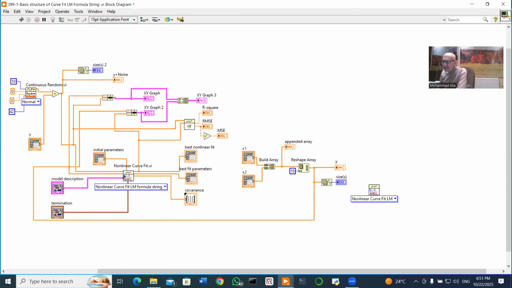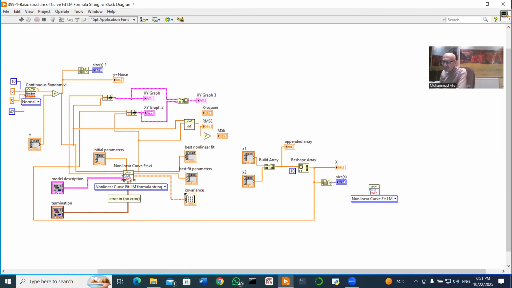The other input is the X input, which represents the variable or variables. If they are more than one, they have to be concatenated in one variable x. So this is the variable x. It is like an array of values, and this is the y array of values.